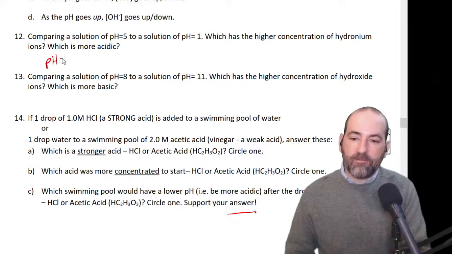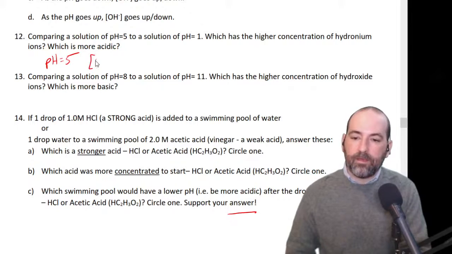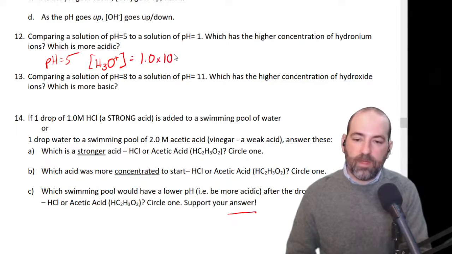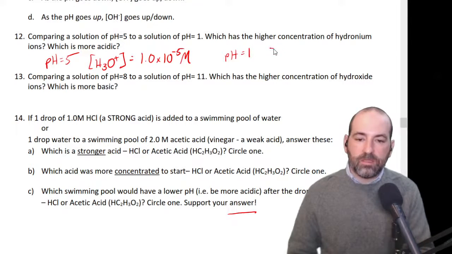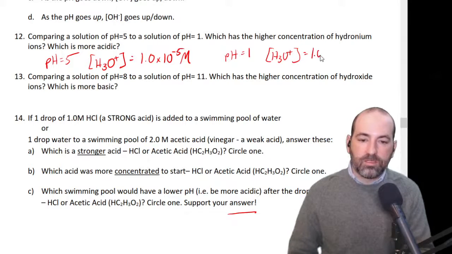So a pH of 5 means that our hydronium ion concentration is 10 to the minus 5 molar, or the way we would normally write that, 1 times 10 to the minus 5 molar. A pH of 1 means that the hydronium ion concentration is 1 times 10 to the minus 1.